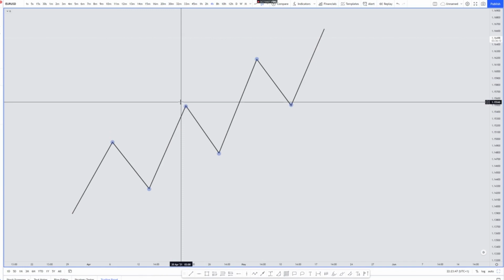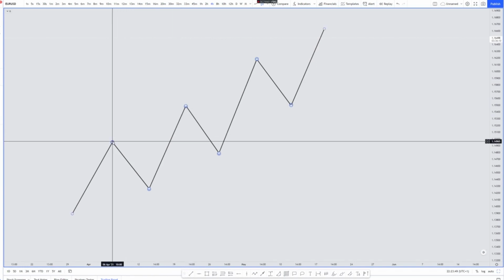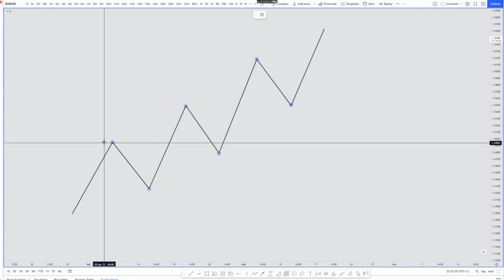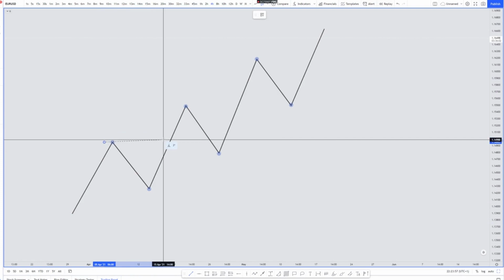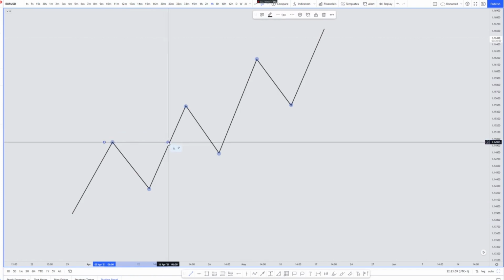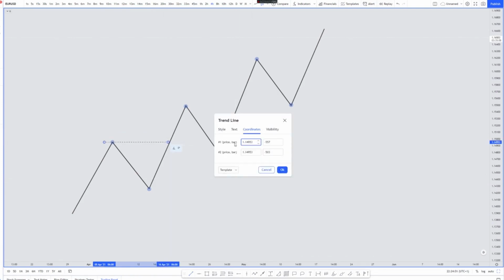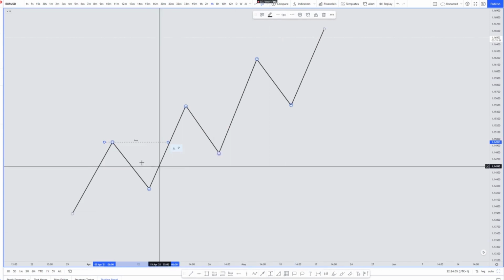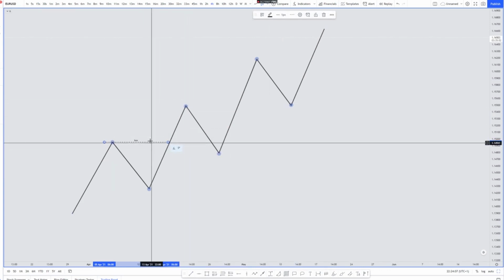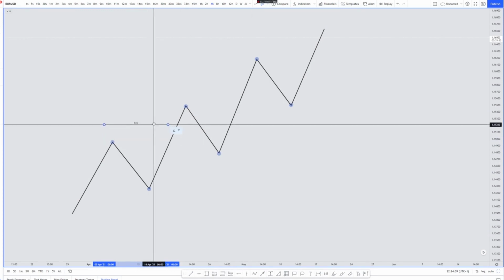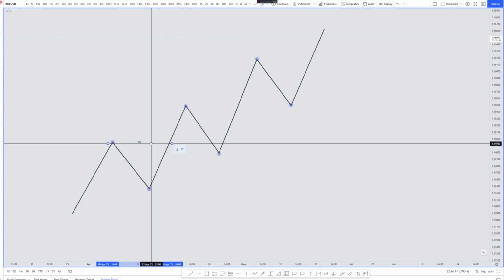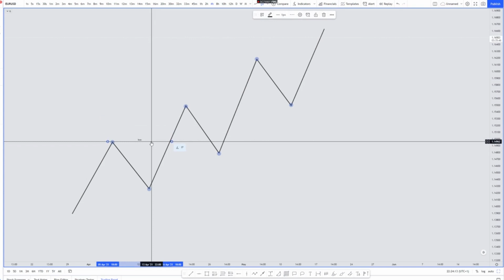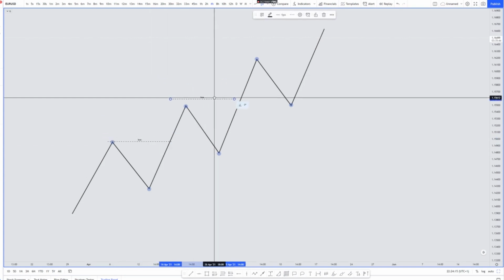So my expectation is once we took this high, there is going to be some sort of a pullback. So if we put in a higher high and the trend is now confirmed, the expectation is there will be some sort of a pullback. And every time that there is a new high, there is going to be some sort of a pullback.